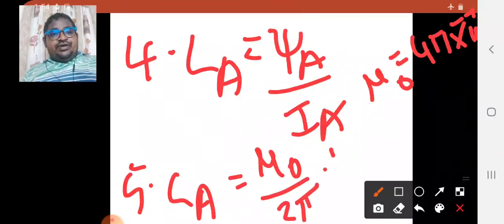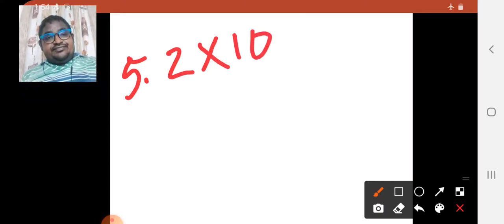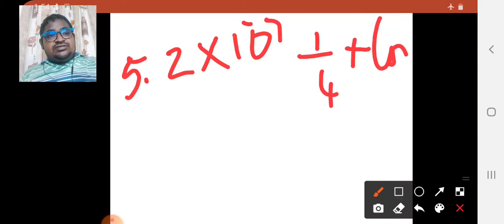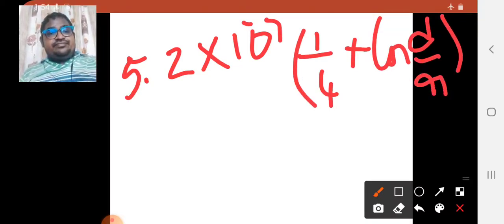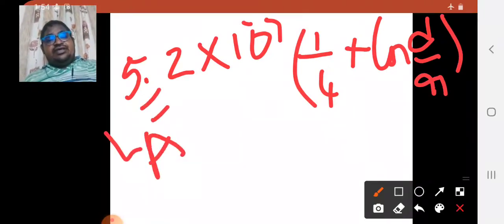Fifth step: if you substitute mu naught equal to 4 pi into 10 power minus 7, you may get LA is equal to 2 into 10 power minus 7 into [1 by 4 plus ln d by r]. This is the inductance of the A conductor.